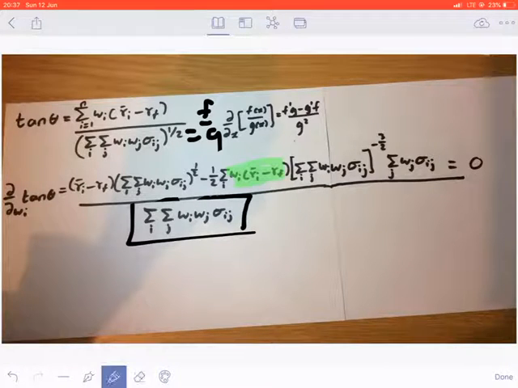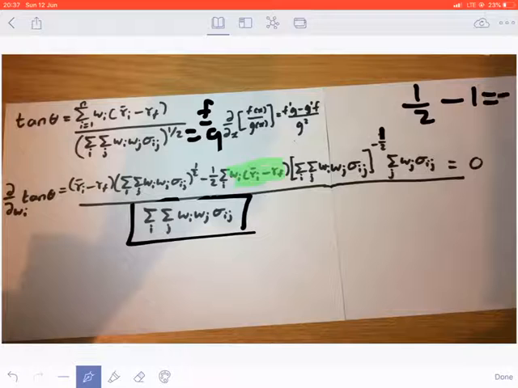So this thing is 1 over here, it's not 3, it's 1, because you will have 1 over 2 minus 1. So 1 over 2 minus 1 is going to be equal to negative 1 over 2, right? That's where it comes from, and you are going to equate it to 0 because you are trying to find the maximum point, right?